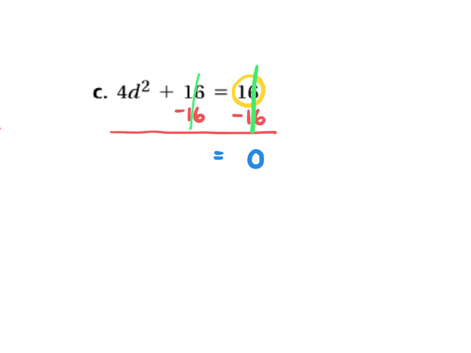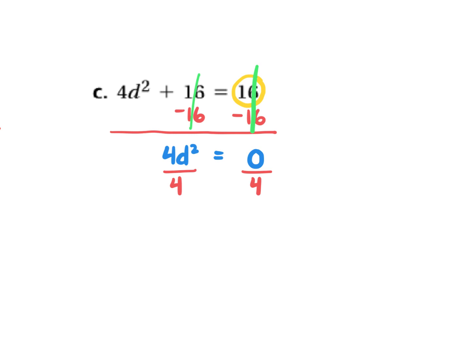These two also cancel each other out. And so what I'm left with is only 4 and d squared. So now I've got it equal to 0. That's what I need. Now I want to get rid of the 4. So I'm going to take the 4 and show that I'm dividing by 4, but I got to do it on the other side also.